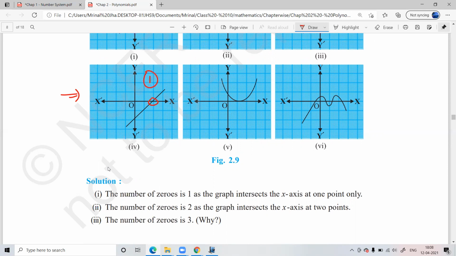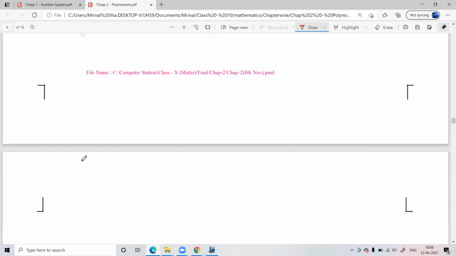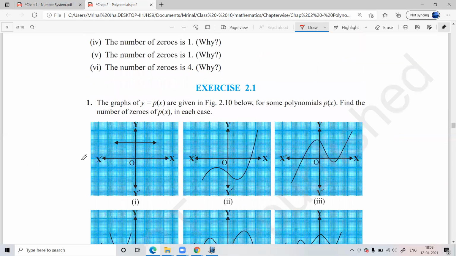Very good. This one? 1. Yes, this also, 1. You should consider only 1 point over here. So this is 1 zero. That's good. Last one? 4. 1, 2, 3, and 4. Yes, it has 4 zeros. Very good. Sir, so that is biquadratic, sir?